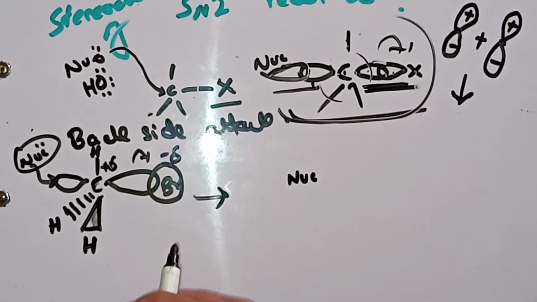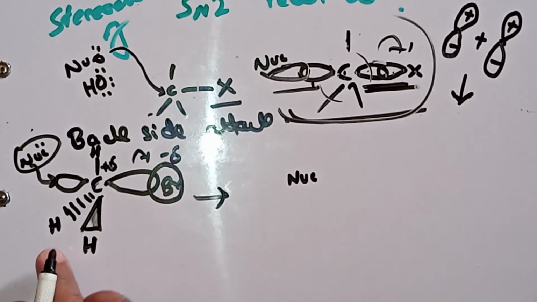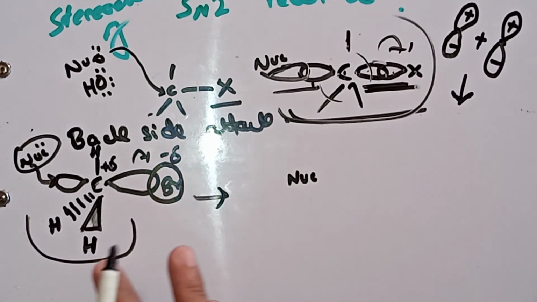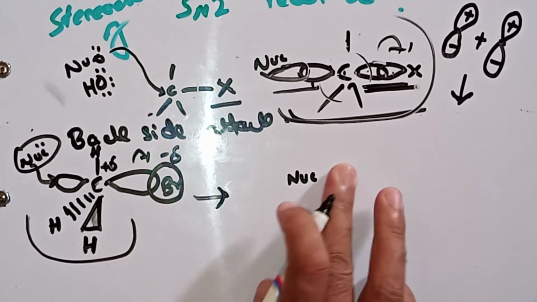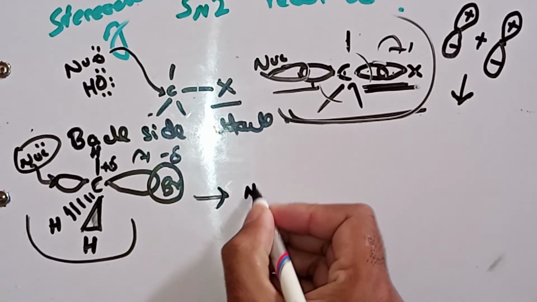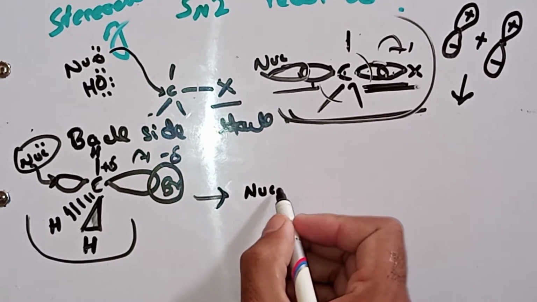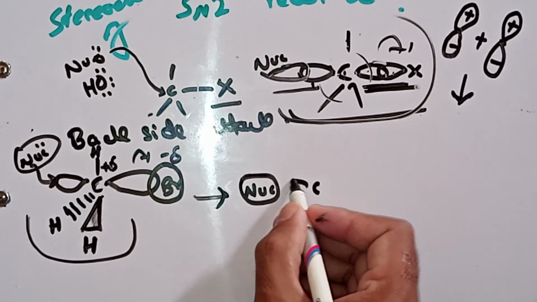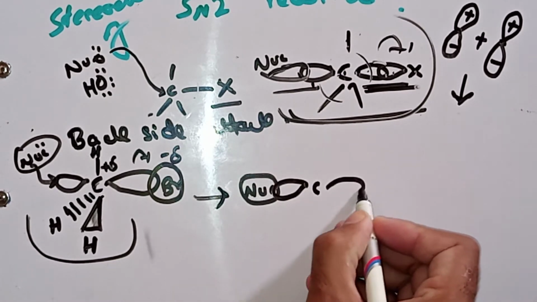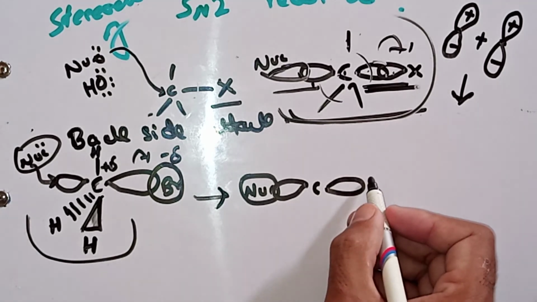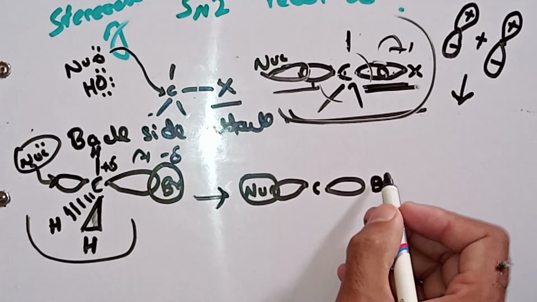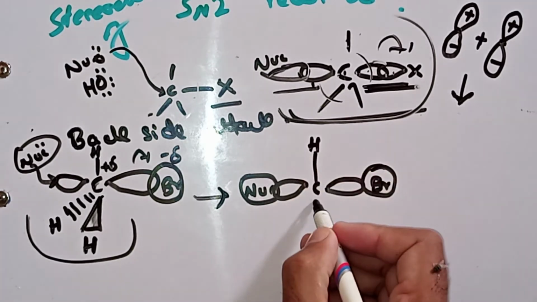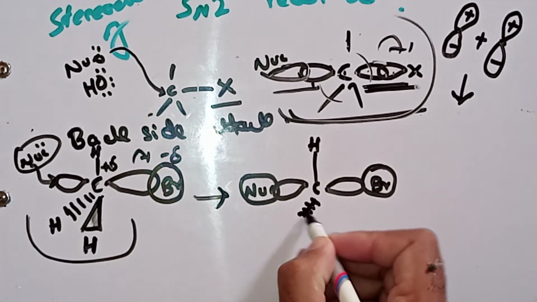But in the transition state, the tetrahedron literally will be turned, and it will produce this shape. This is carbon, this is bromide, this is hydrogen, and this is hydrogen.